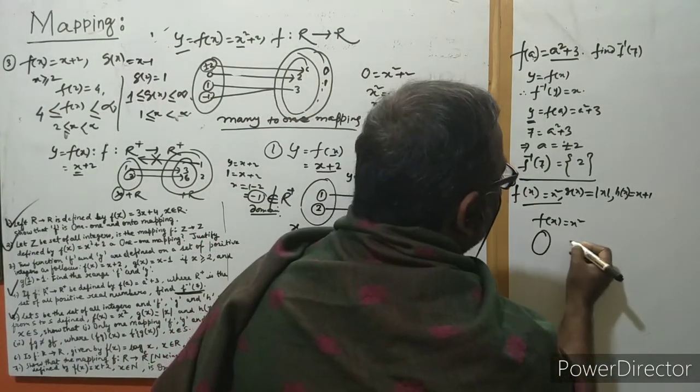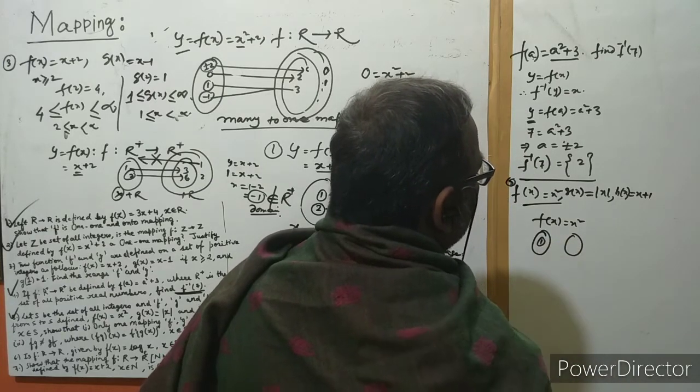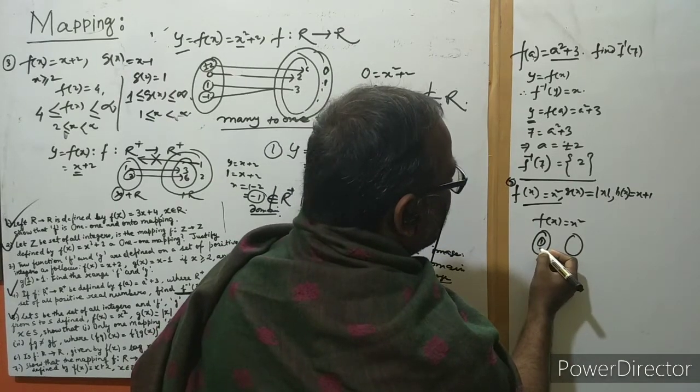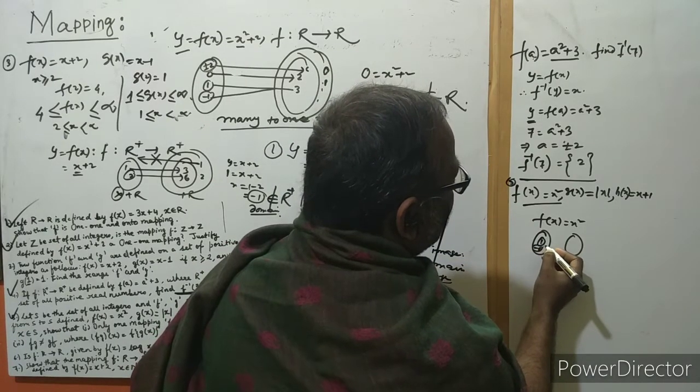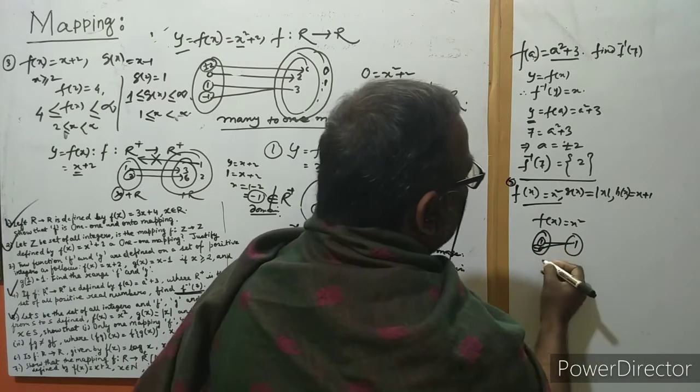So this is the domain and this is the codomain. If we put in an integer, it may be either positive or negative. If we take 1 and minus 1, what do we get? For both we get 1. So this is called many to 1.